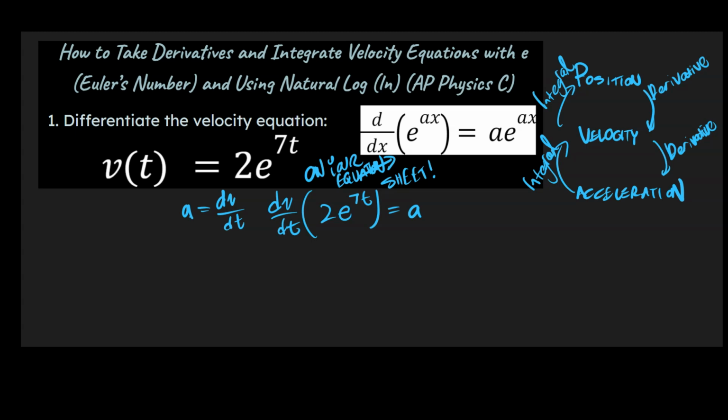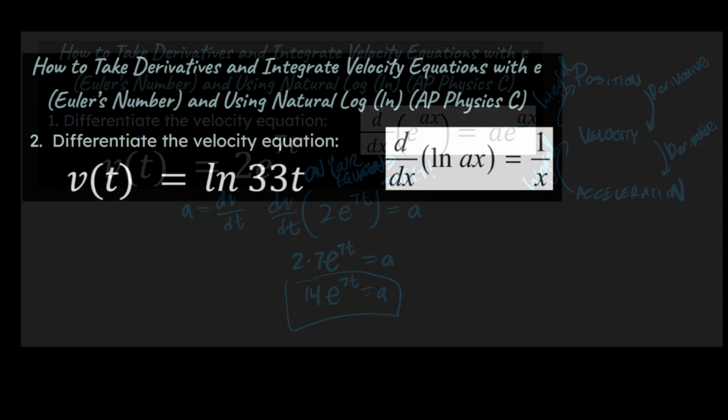So what we're going to do is notice that you have a coefficient as a power in front of this x, and that needs to drop down as a coefficient in front of the e, and then the e stays the same. In other words, e to the 7t power, and you would have to take the 2 that was there previously, multiply it by a 7, and that's going to be equal to our acceleration function. So that would be 14e^(7t). That's going to be your answer for this problem. Pretty straightforward. Let's take a look at another example problem.